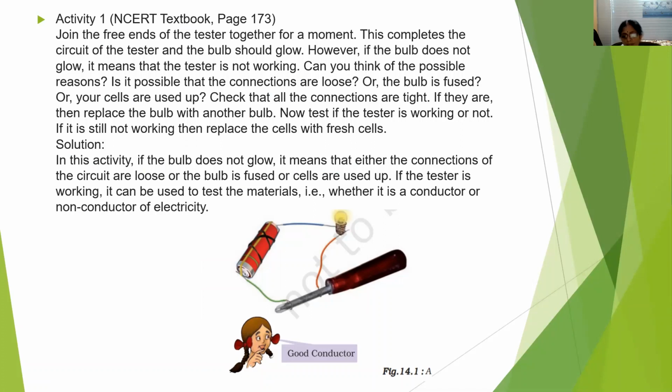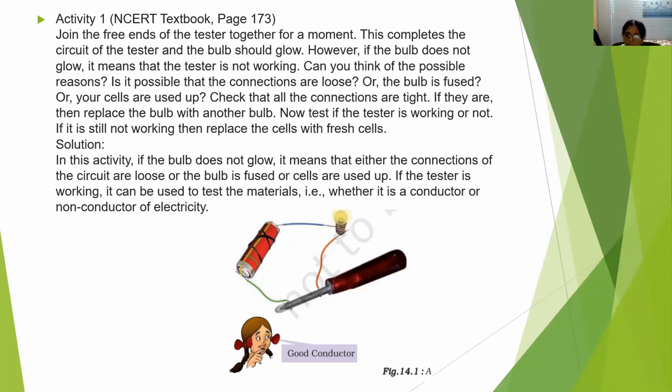One free end of the conducting wire is connected with a cell or battery, and the free end of the other conducting wire is attached to the bulb, isn't it? Now if the circuit gets completed, the bulb should glow. However, if the bulb does not glow, it means the tester is not working.